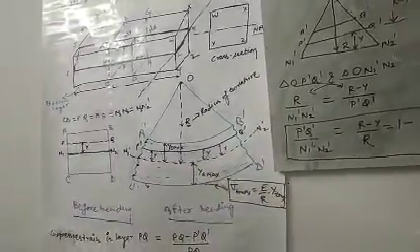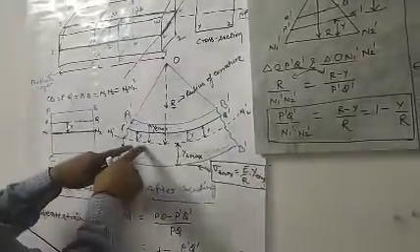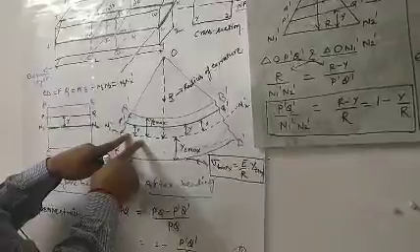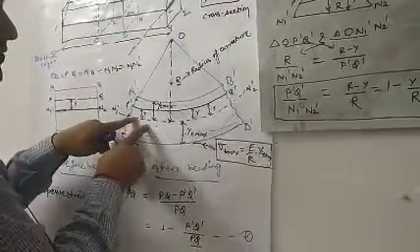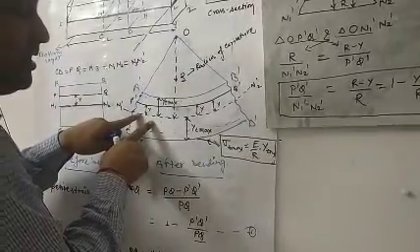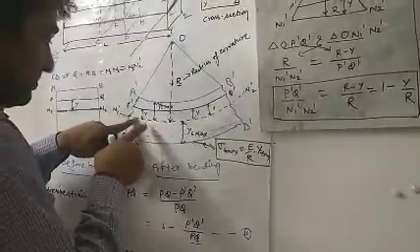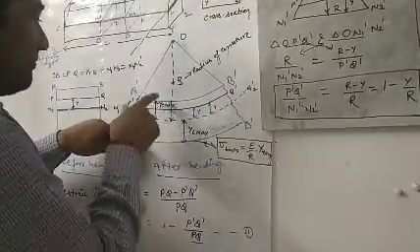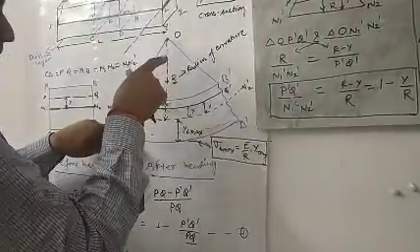What is the conclusion? The conclusion is that bending stress varies with the position of the fiber from the neutral axis.